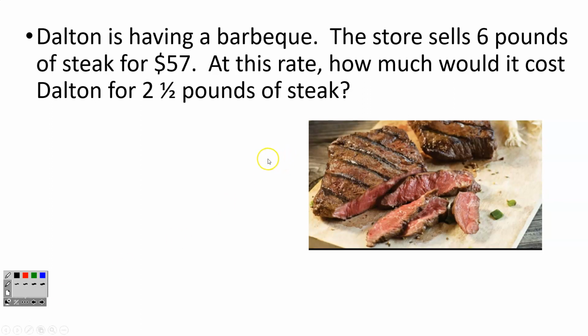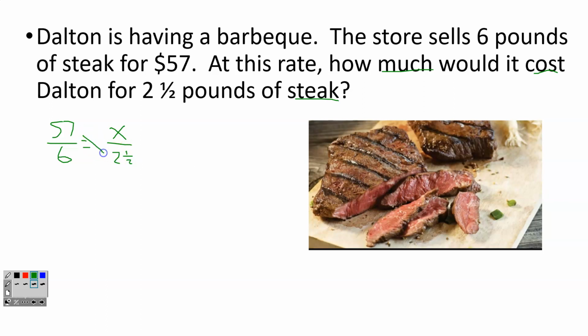Dalton is having a barbecue. The store sells 6 pounds of steak for $57. At this rate, how much would it cost Dalton for 2.5 pounds of steak? So again, how much would it cost? That's money, so the cost comes before the steak for the question. So 57 over 6 equals x over 2.5.